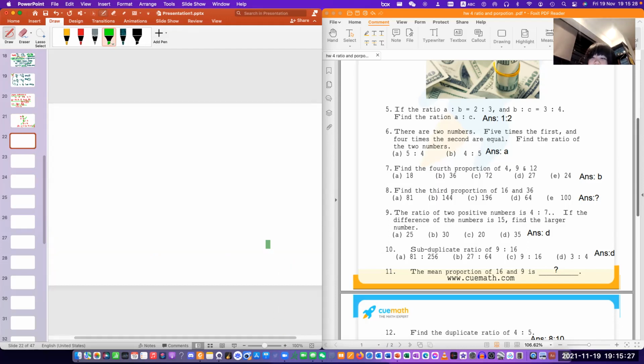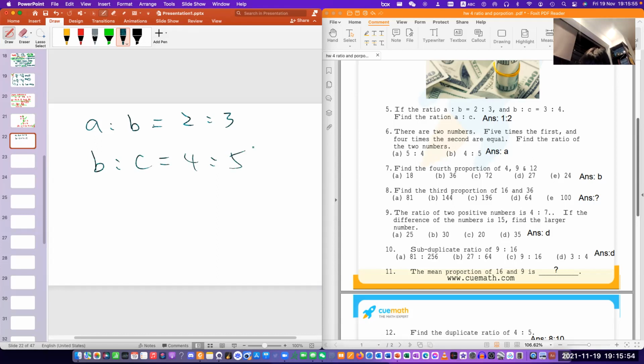Next question. I'm going to show you that you can actually use LCM. I don't have a question here, but I'm going to use my own example to show you that you need to make use of LCM to find this answer. Let's say A to B is 2 to 3, and B to C is 4 to 5.